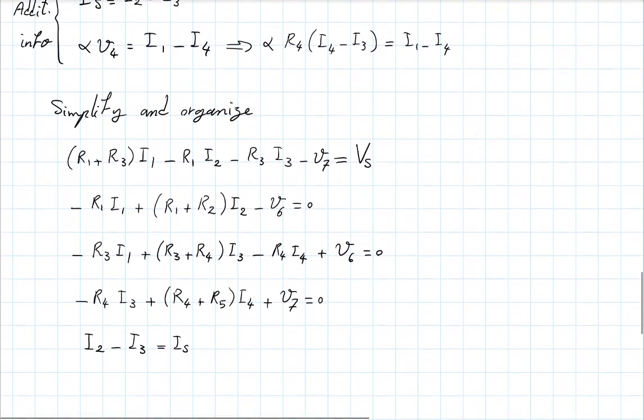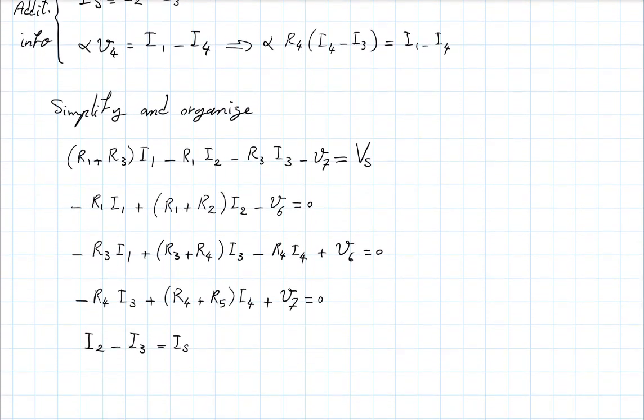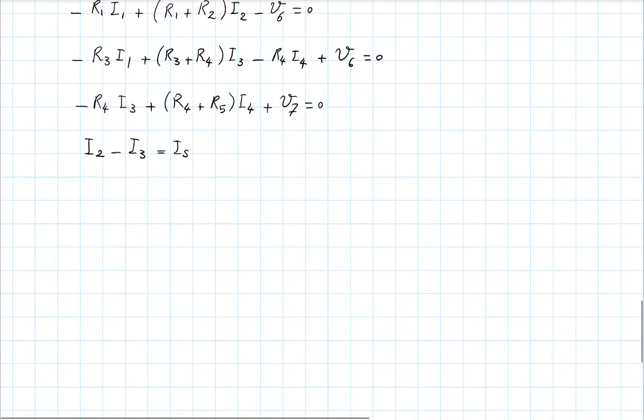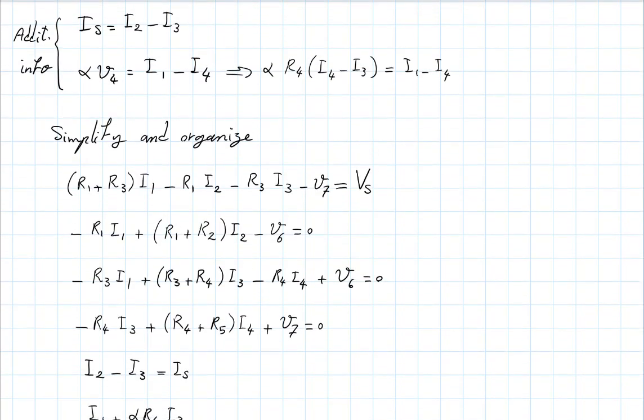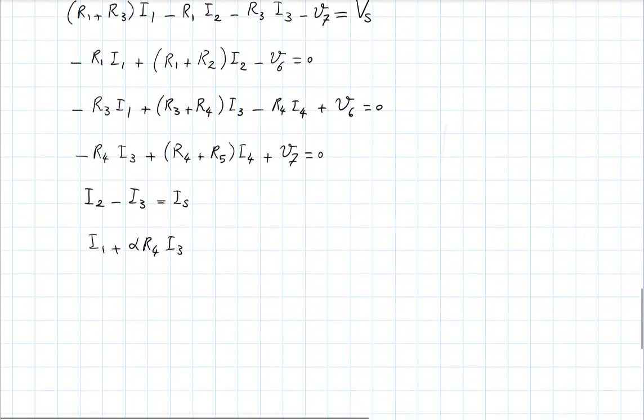And then finally, in the other equation there at the bottom, depending on which way you want to move things, let's say I1 plus alpha R4 I3 minus 1 plus alpha R4 I4.